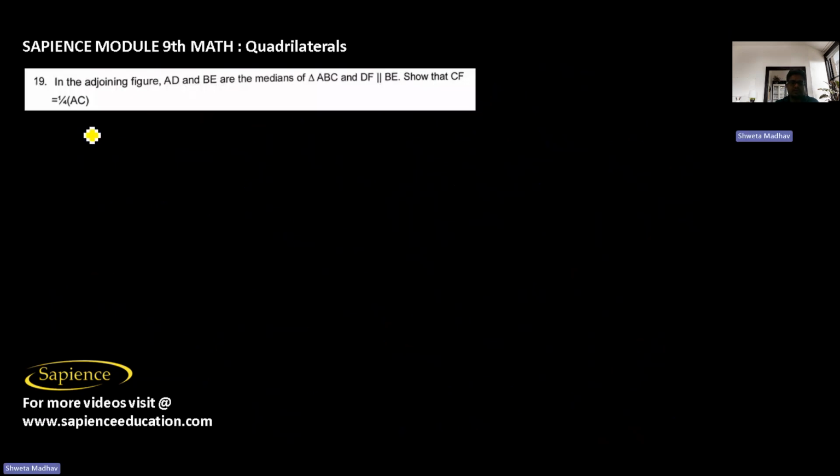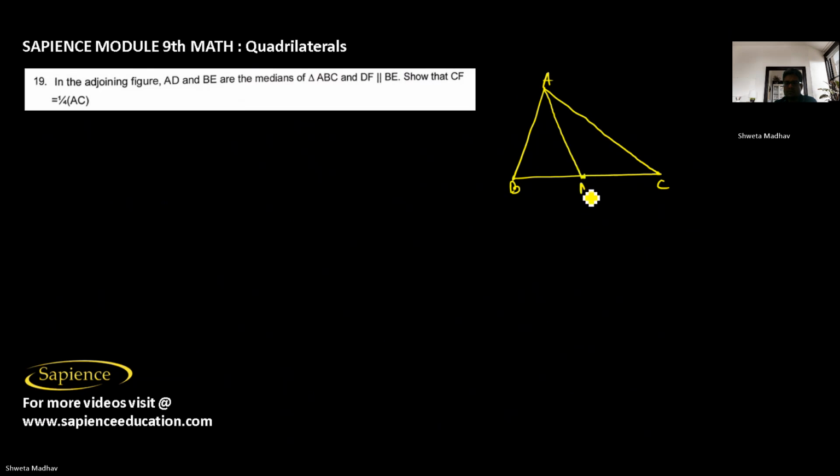Then here in question number 9 it is told, in the adjoining figure, AD and BE are the medians of triangle ABC. So here we have a triangle ABC, and here AD and BE.